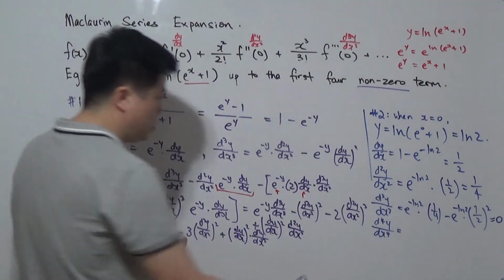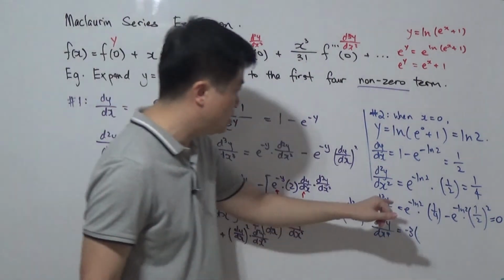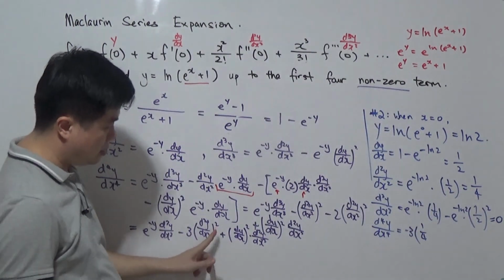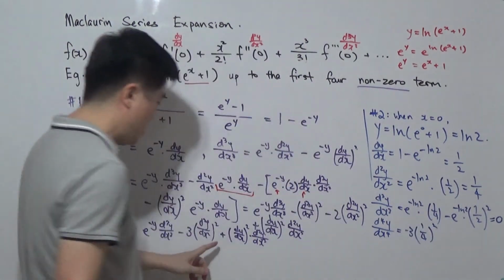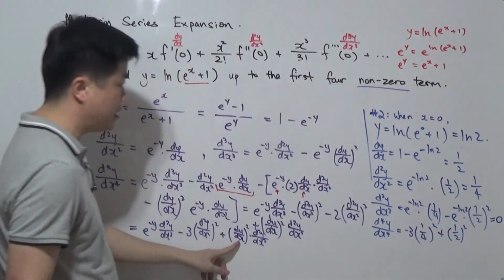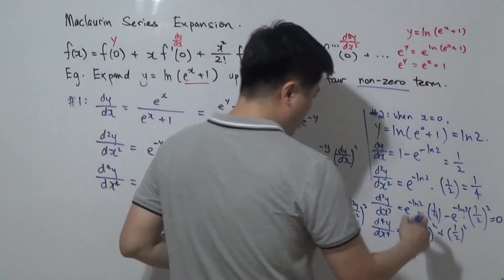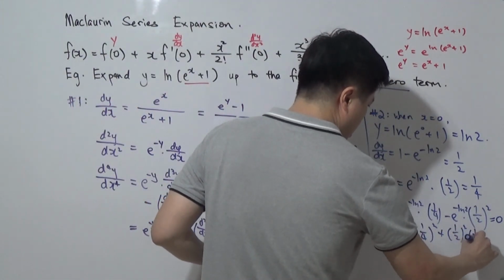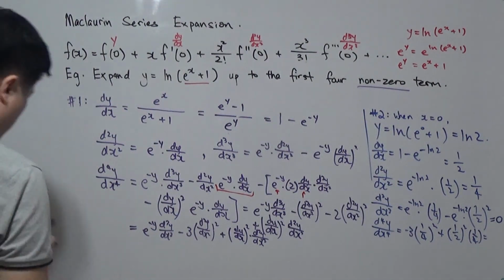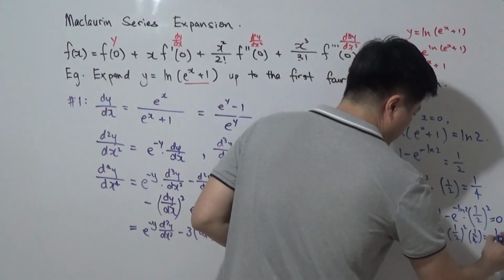So it's going to be minus 3 times (d2y/dx²), which is 1/4, and then we're going to square this, and then plus (1/2)², that's the dy/dx value, square it, then multiply it by d2y/dx², which is 1/4. So let's go ahead and press our calculator and figure out what this value is. So we're going to have minus 1/8.